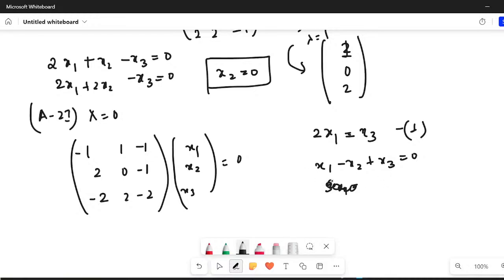So another one would be, if I use this equation, so if I use x3 is equal to 2x1 here, we are getting only one. So if I use x3 equal to 2x1, I'll get 3x1 minus x2 is equal to 0.